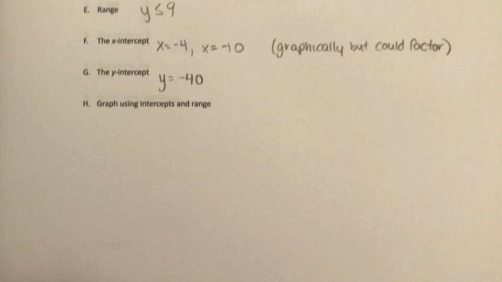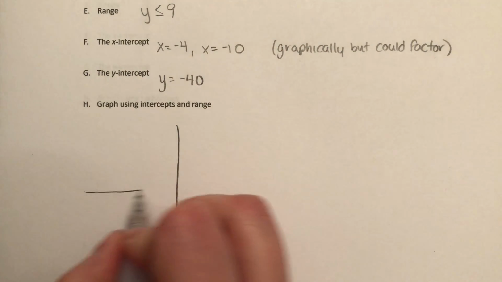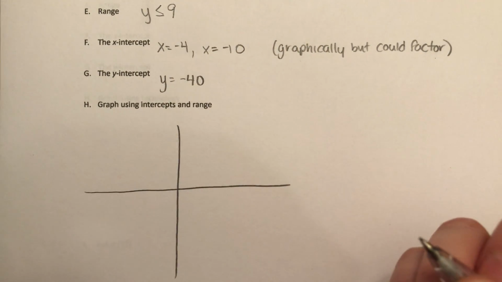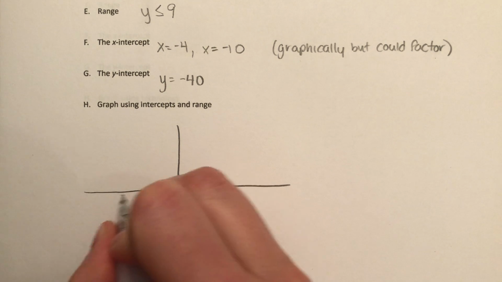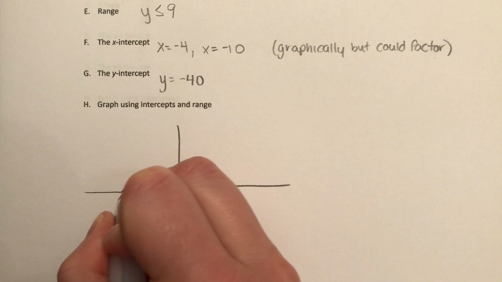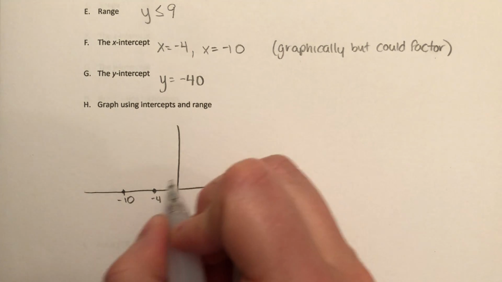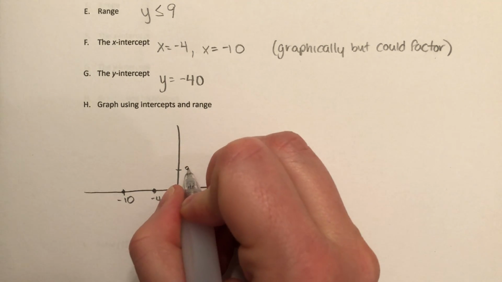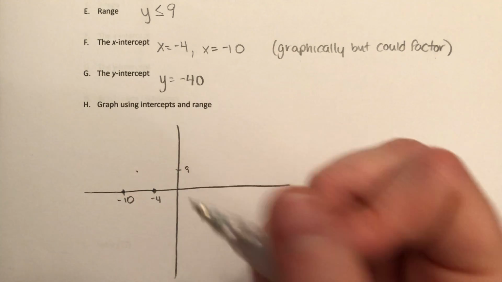So if I wanted to draw a picture of this using the intercepts and the range, I know that I've got an intercept at negative 10 and negative 4. My range goes up to positive 9, so that's my middle point.